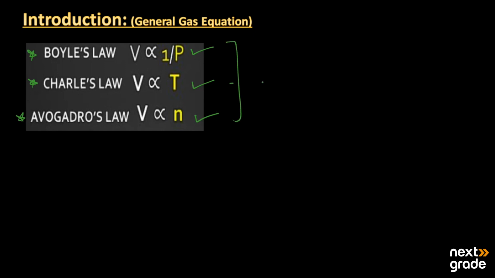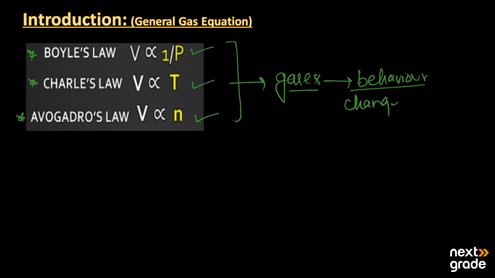During changes in the gas, the gas or gases have different behavior under the change of conditions. Now we can change three types of conditions. Number one, we can change the temperature.